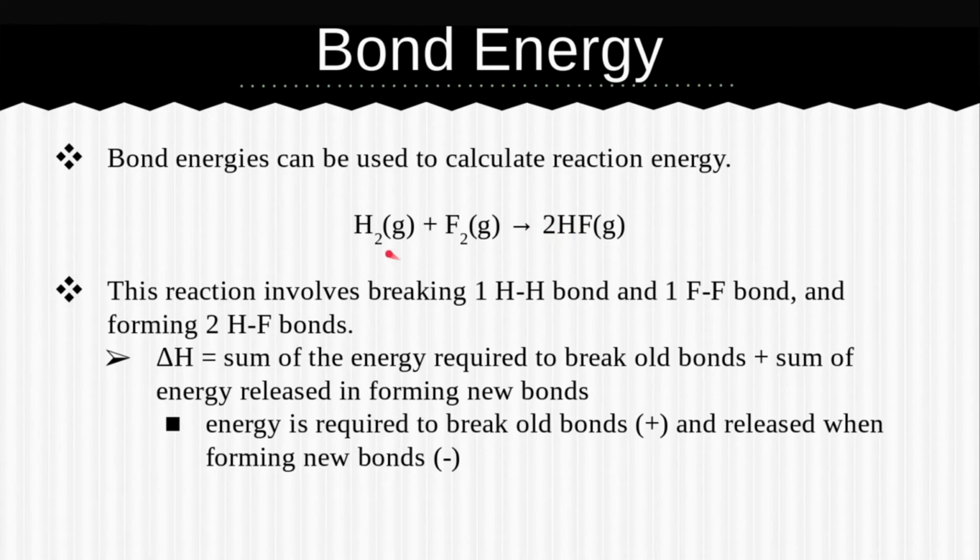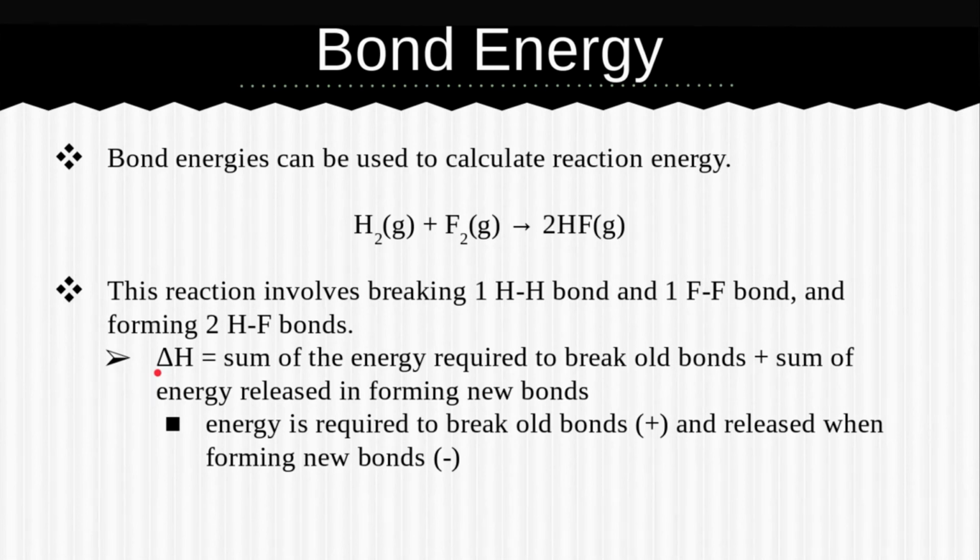So basically, we're going to take these bond energies, add them together, and then subtract these bond energies. This gives us what we call delta H. Delta H here is the bond energy, or you might also see it called the bond enthalpy, but they basically mean the same thing.